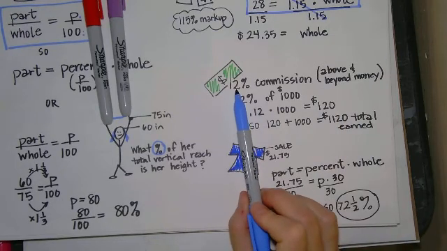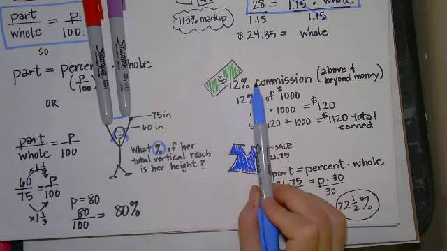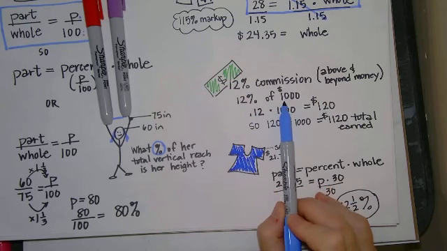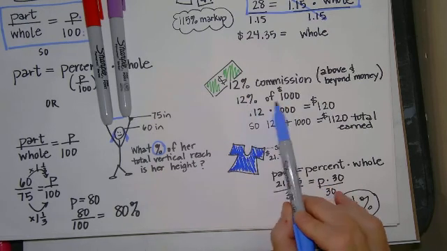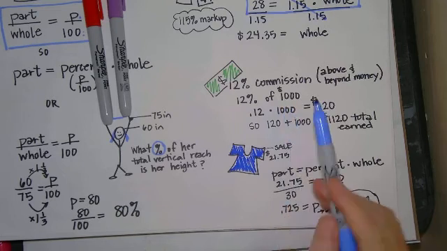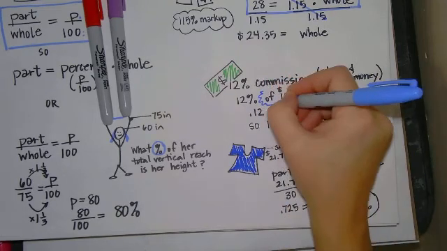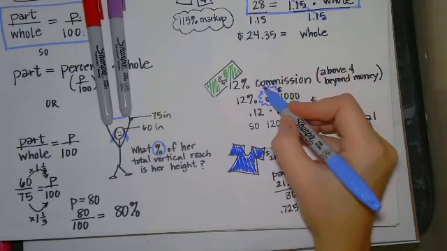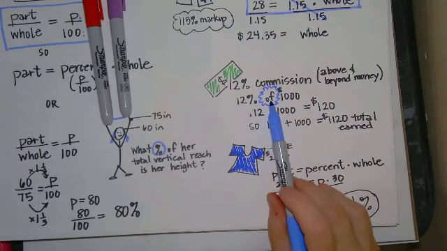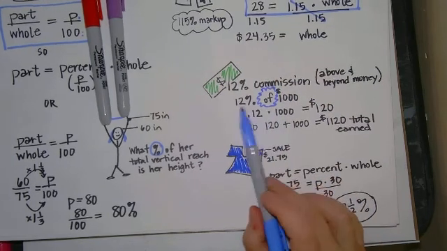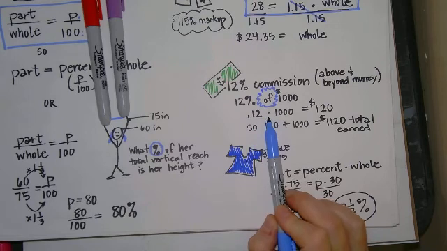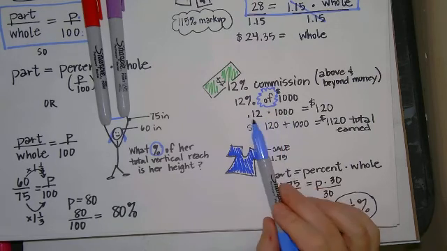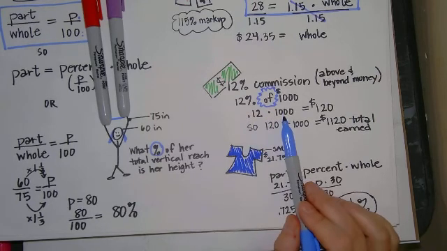So we're going to try to figure out what is the amount on a 12% commission if you sold a $1,000 car, let's say. So we have to find what is 12% of $1,000. Well, this should ring a bell in your head when you see "of", and you should think, oh, well, I know "of" in math is multiplication. So 12% is 0.12 of, I'm going to multiply by $1,000.